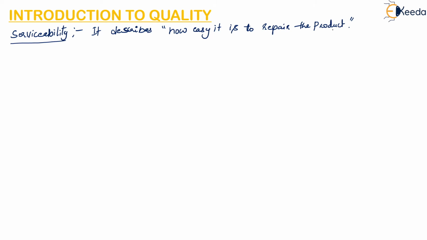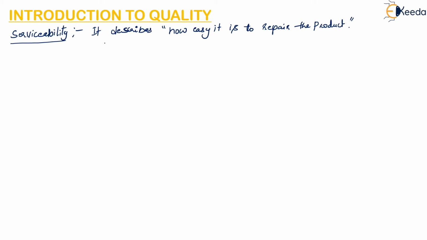The next dimension of quality is serviceability. So serviceability describes how easy it is to repair the product. Here the customer's view on the quality is influenced by how quickly and how economically a repair or routine maintenance activity can be accomplished.